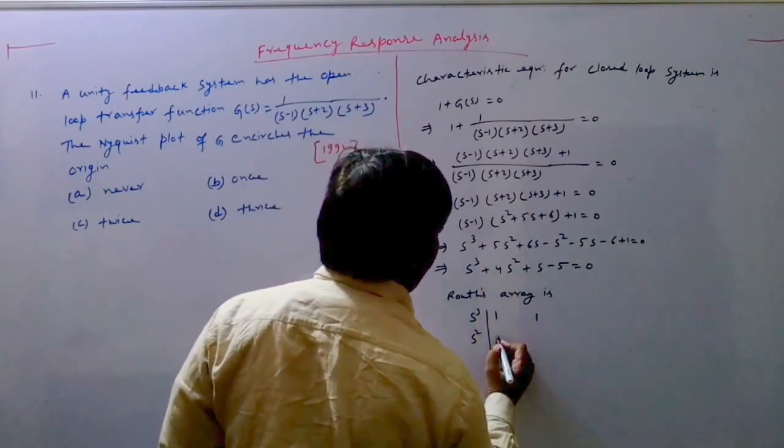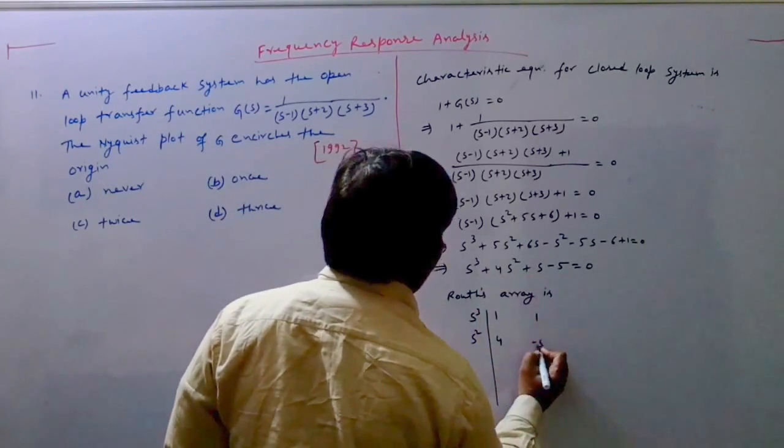The coefficient of s square is 4 and the coefficient of s to the power 0 is minus 5.